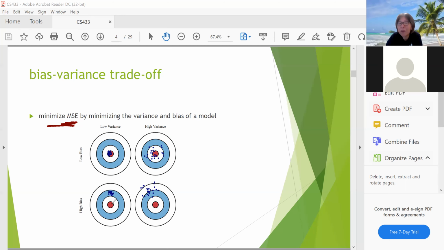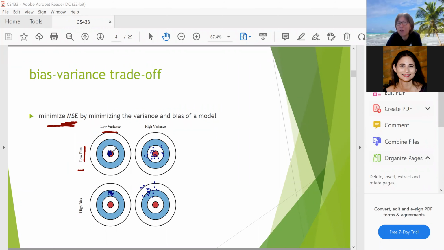The center part of the target is the most accurate, and the dots are the sample distribution. For the first one, it's low bias and low variance. That's the ideal scenario. You can see the samples and the precise center match with each other.